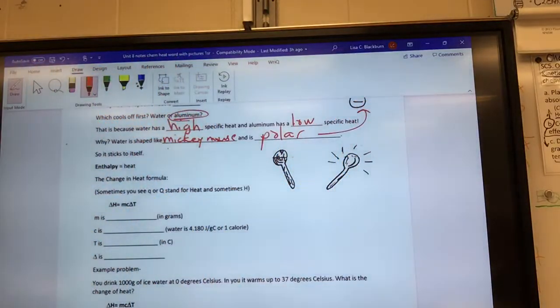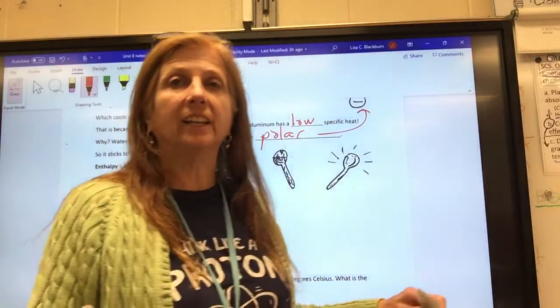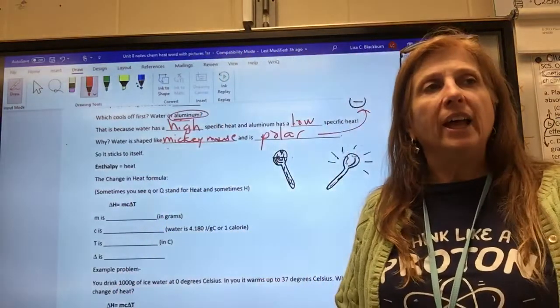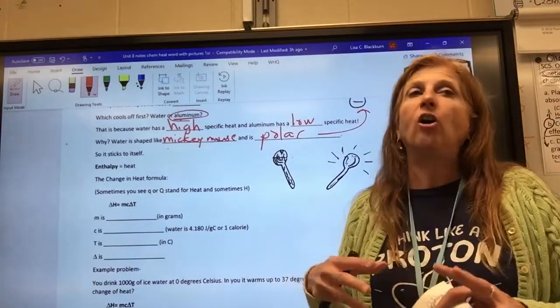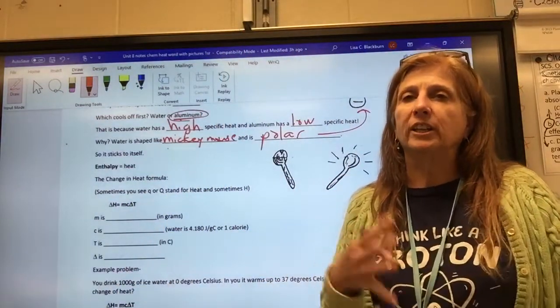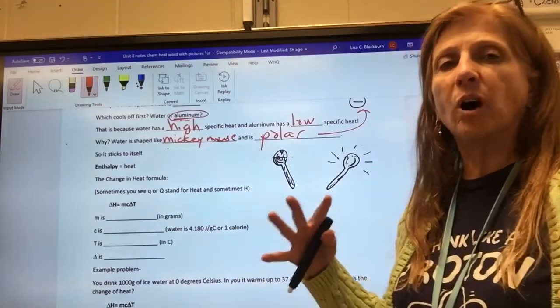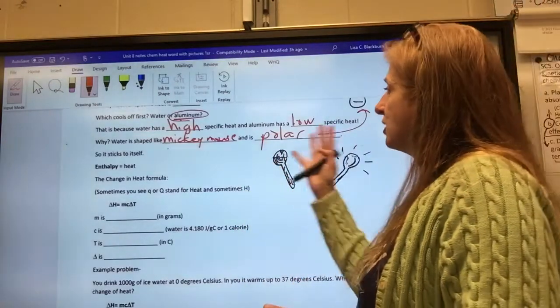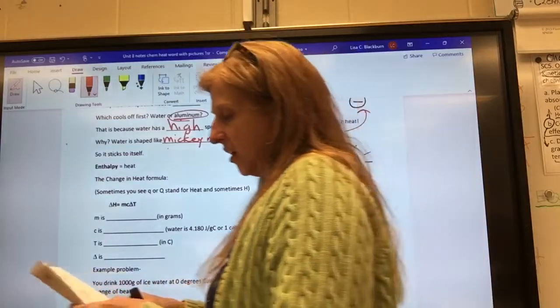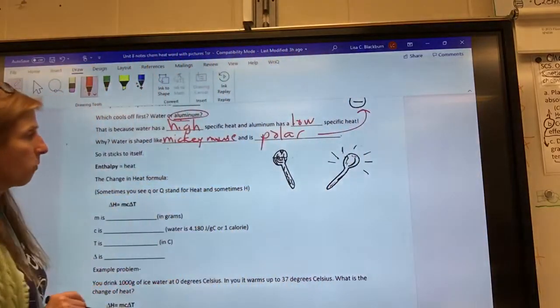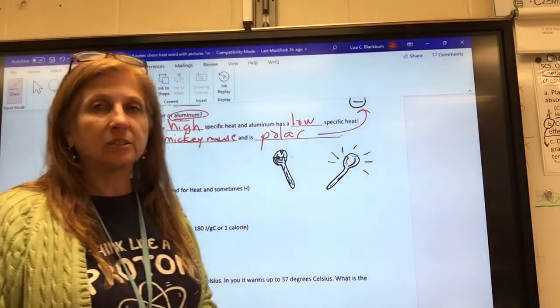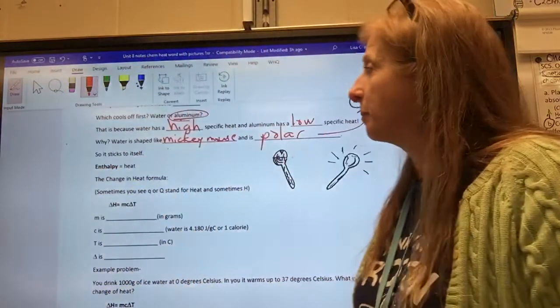Because water has a positive and a negative end, it's a sticky molecule. It sticks to itself really hard, which makes it not want to change. It's sort of like water has inertia, and it wants to stay how it is. Isn't that a physics thing, inertia? Yes, it's a physics term. You'll learn more about it.